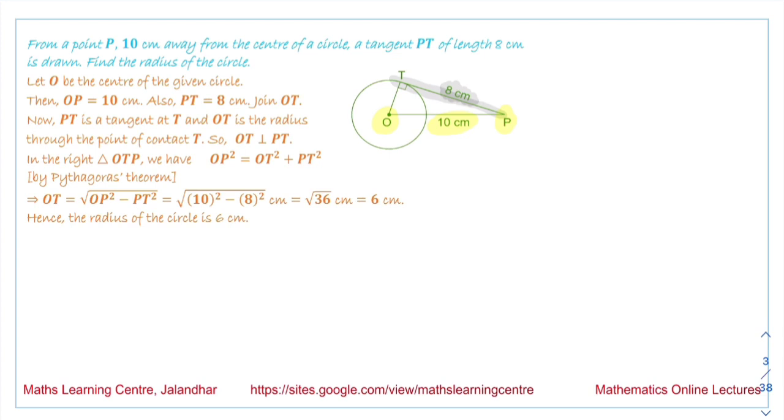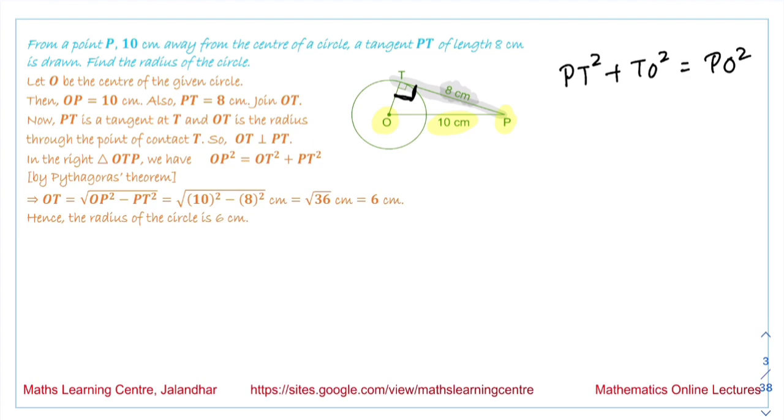So the result we are going to use now is the one we have studied previously: if PT is the tangent and OT is the radius, then this angle at T will be of measure 90 degree. Means this triangle PTO is a right angled triangle. So we will have PT square plus TO square equal to PO square.